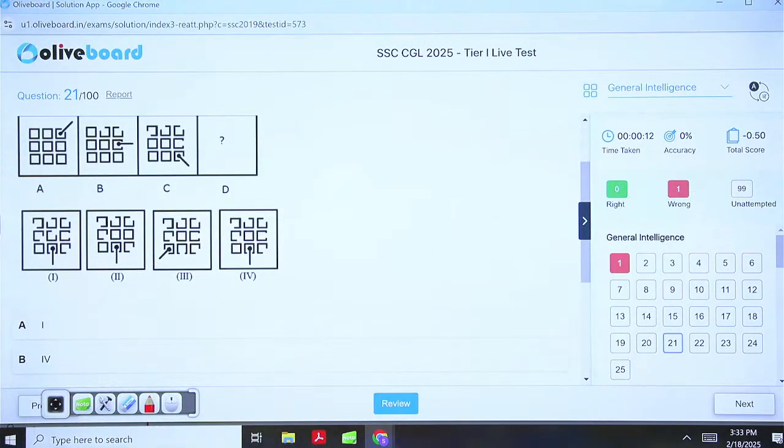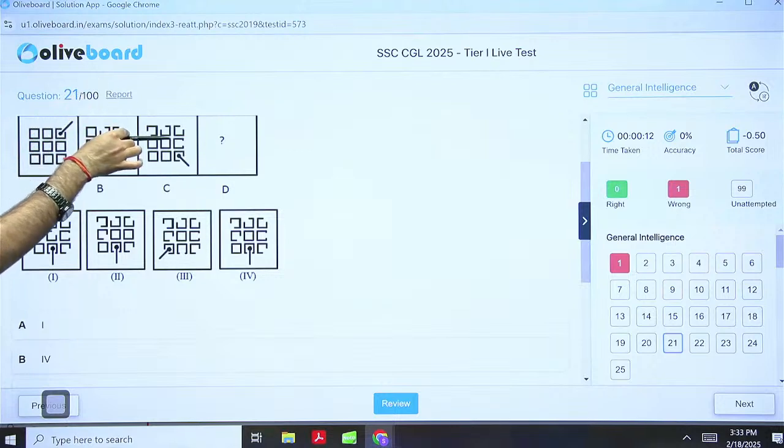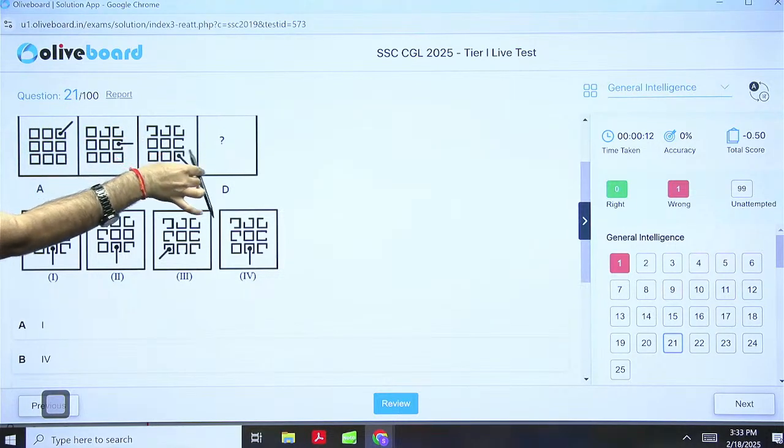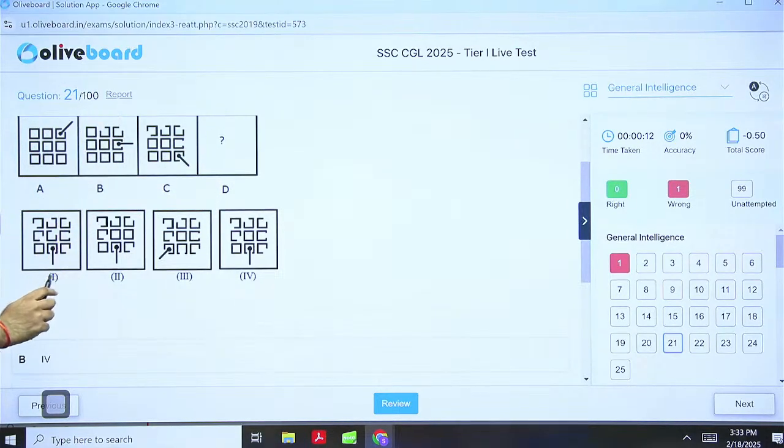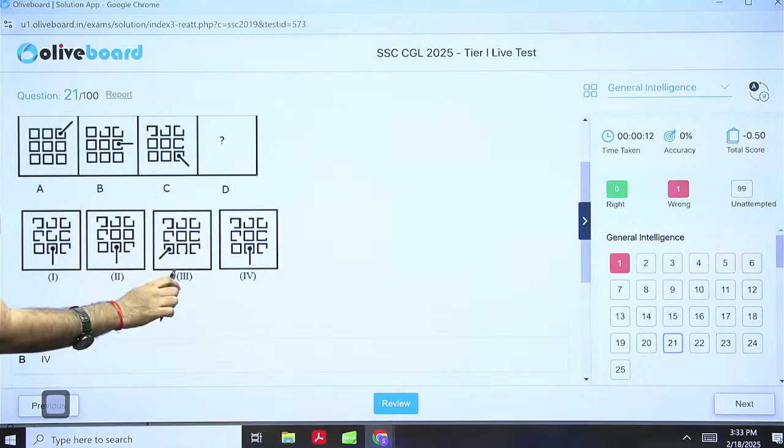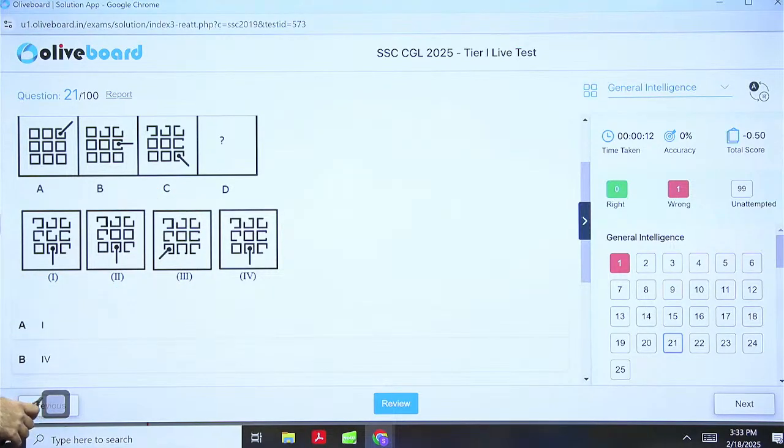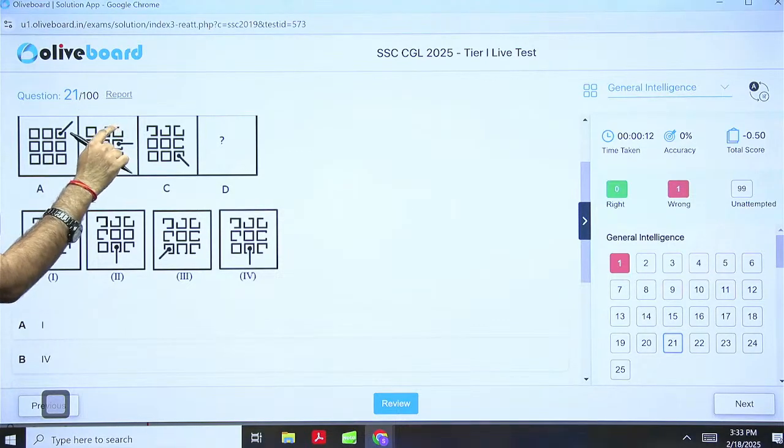Next one, very easy. See, if this is there on the corner, this is moving one step clockwise. One thing is for sure, either 1, 2 or 4 will be correct. 3 can definitely not be right. The next thing which is happening is, wherever this was before, the moment it moves, that place becomes empty, and the next left place is also becoming empty.